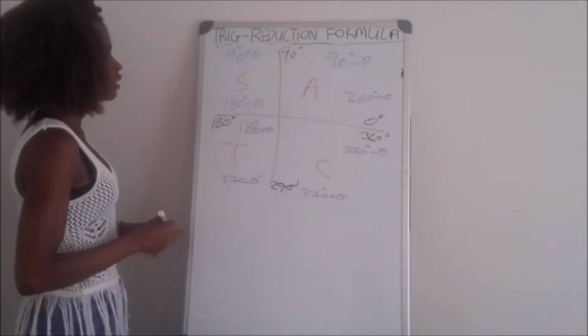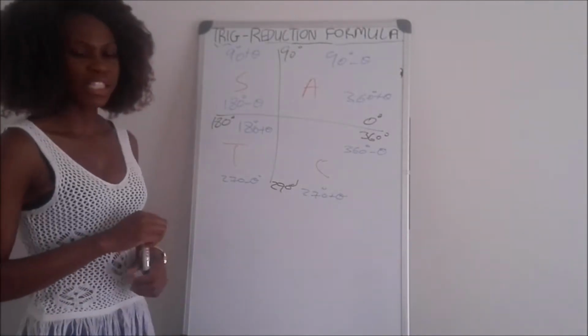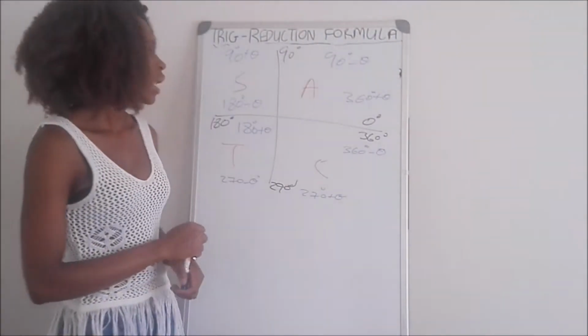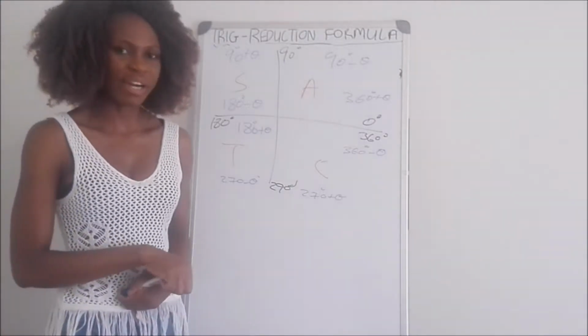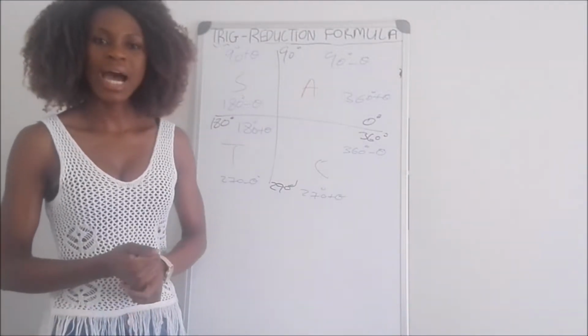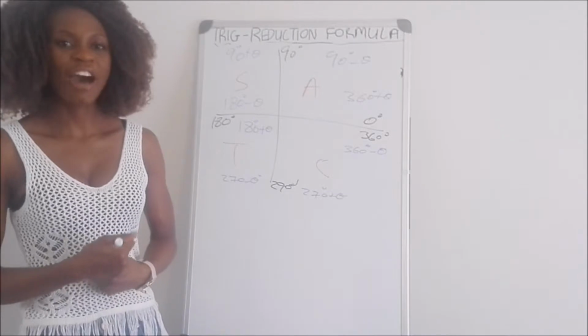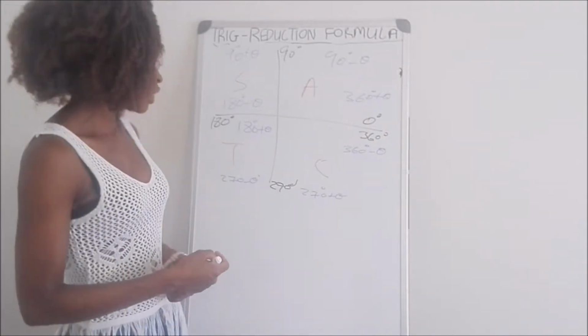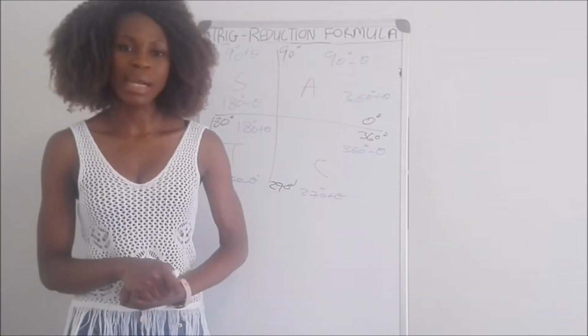That means that only sine is positive when we have 90 plus theta, and also when we have 180 minus theta, and tan is positive when we have 180 plus theta, and also when we have 270 minus theta.